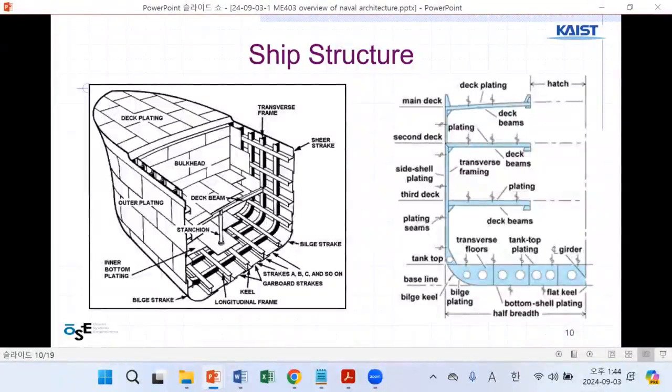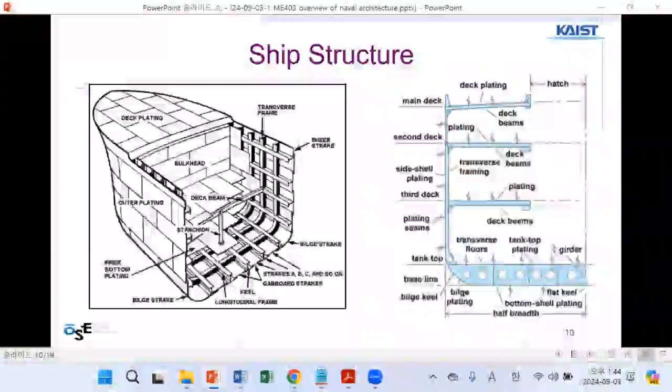One piece of plate is very heavy. You cannot handle it. You need a crane. But somehow they collect and weld them together to make a ship. So plating is a plate made of plate, shell, outer shell. There's a bottom.